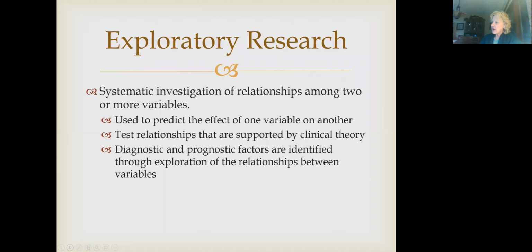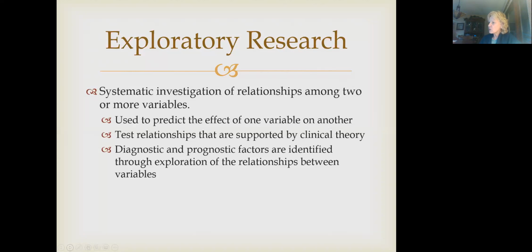When we're talking about exploratory research, we really want a systematic investigation of the relationship among two or more variables. So we may start with reviewing the literature and just understanding what the current state of the science is.